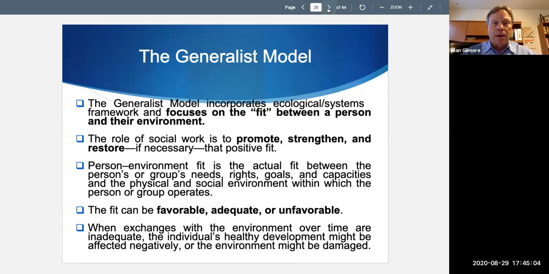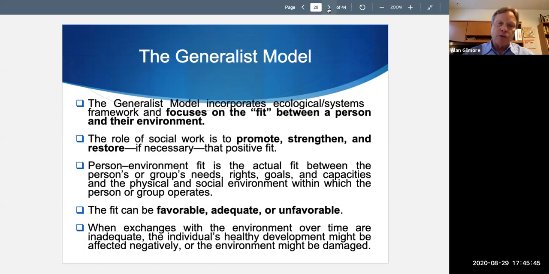Going back to our ecological systems framework, we talked a little bit before about the fact that often clients or families may be presenting with challenges in terms of fitting, might be the term they would use, within a given environment. Again, those environments would be identified as things like your workplace, your home environment, or your school environment, and there are challenges that the individual or family is experiencing in terms of fit.